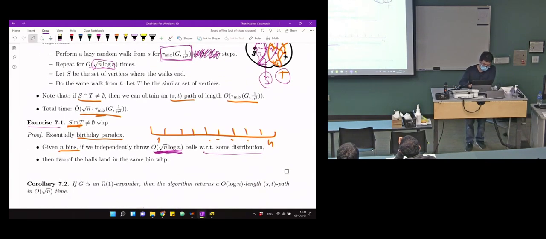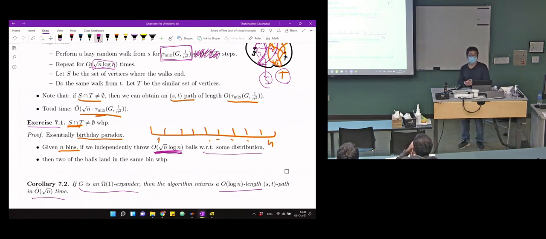And it means that if the graph is an expander, then this algorithm gives you a path of just log n length, a very short path, but in time which is just square root n. So sublinear time. This is quite a cool algorithm actually.